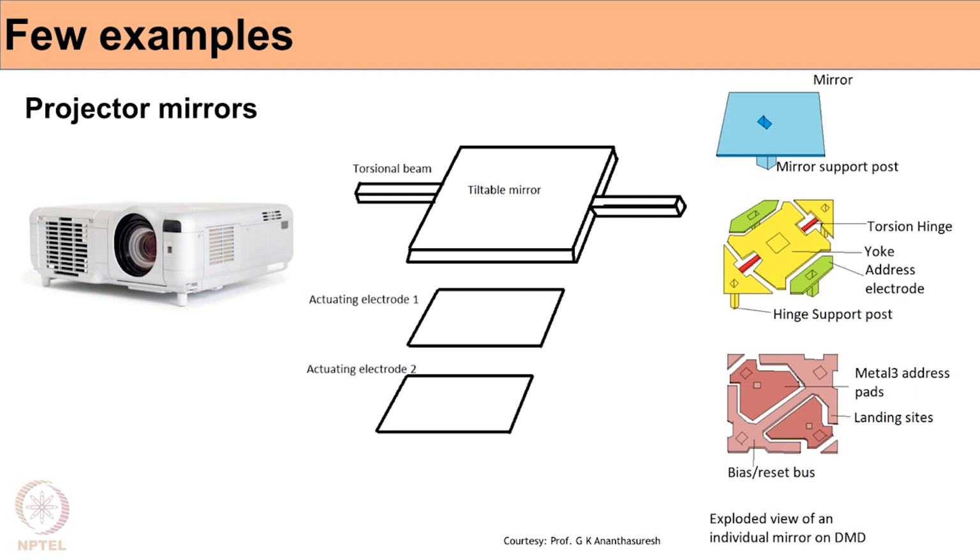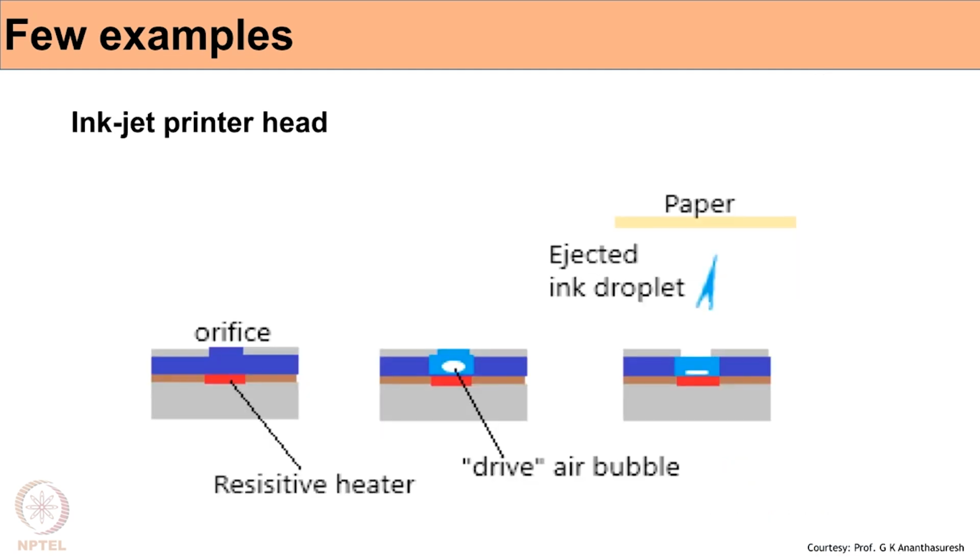In this case, the tilting angle will decide where the pixel will form and what will be the intensity and color of the pixel, etc. There are thousands of these micro mirrors working inside a projector to make the picture projected on your screen. Then an inkjet printer. What is an inkjet printer? As you can see, there is an orifice, or hole, and then you have your ink which is surrounding a bubble.